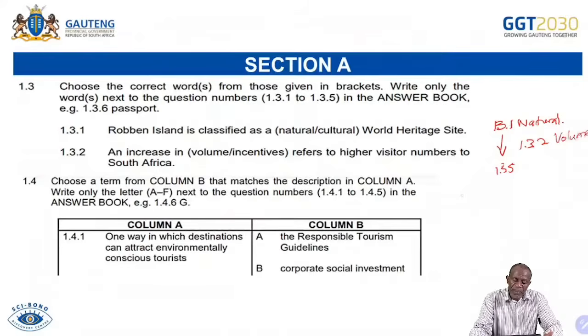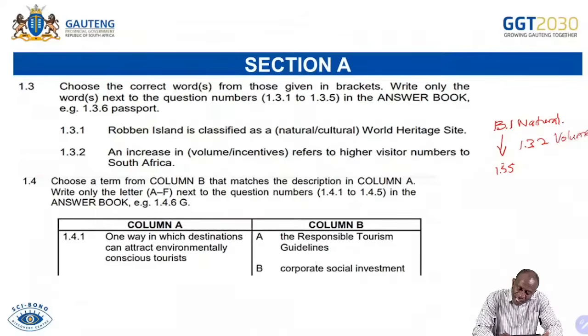1.4, choose the term from column B that matches the description in column A. Write only the letter A to F next to the question number 1.4.1 to 1.4.5 in your answer book.